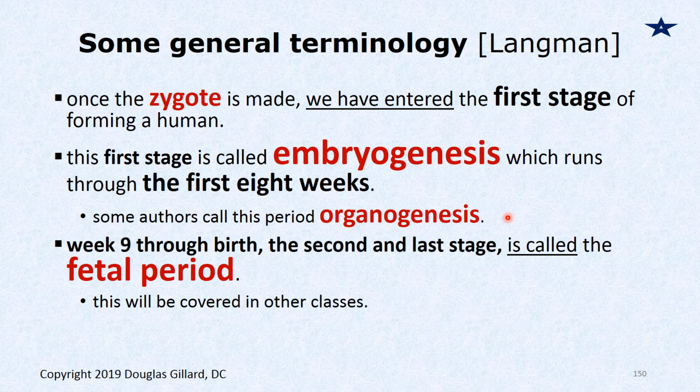And so embryogenesis is from ground zero, right after fertilization occurs, up through the 8th week. And once you get into the 9th week, that's called the fetal period. So the fetus doesn't come around until week 9. So up until then, it's always a zygote or an embryo, which we're going to form here in a second.